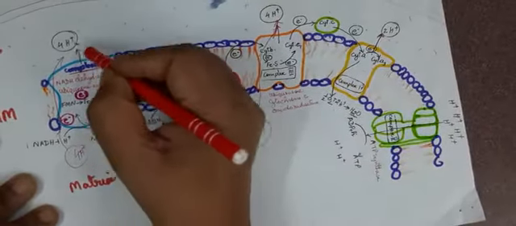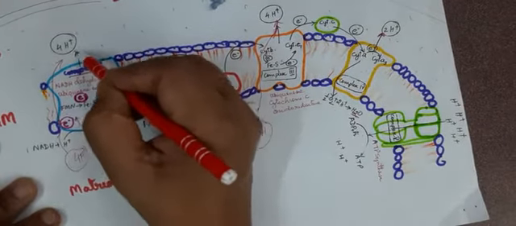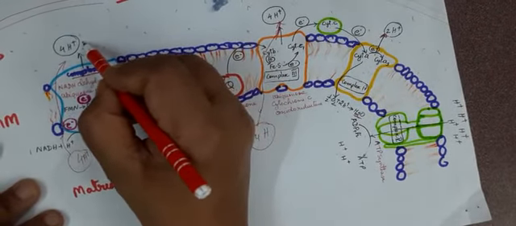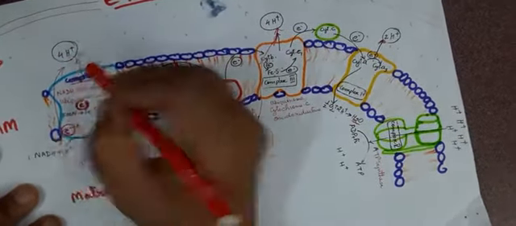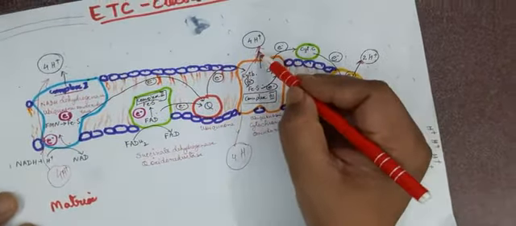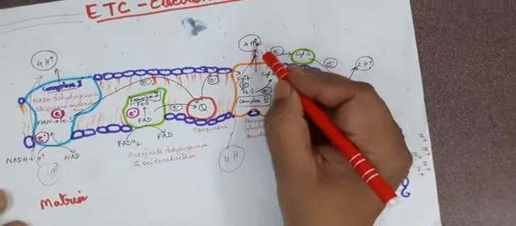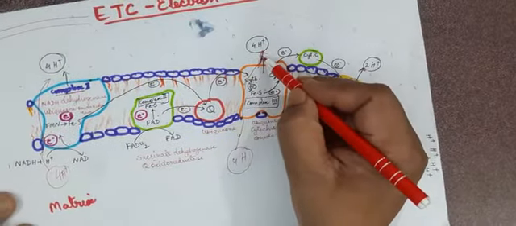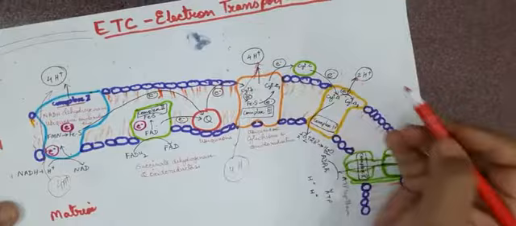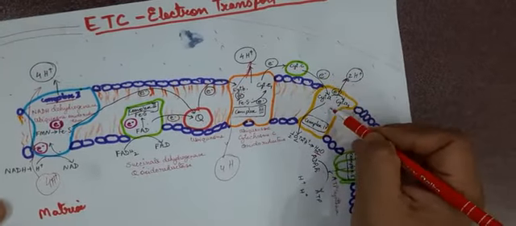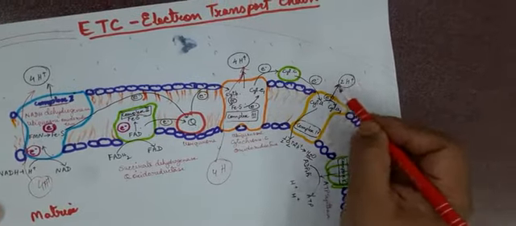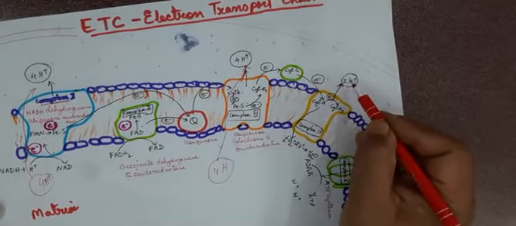So 4 are released in complex 1. These will be utilized for the synthesis of 1 ATP. In complex 3 also 4 hydrogen ions are released. So they will be utilized in the synthesis of 1 ATP. And only 2 are released in complex 4. So this will be utilized in the synthesis of half an ATP.